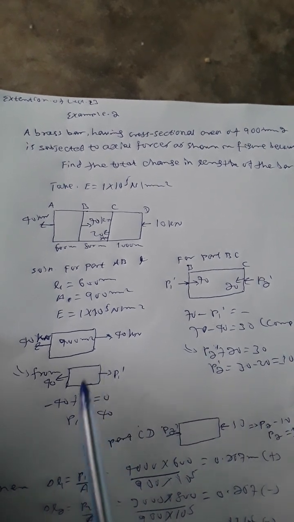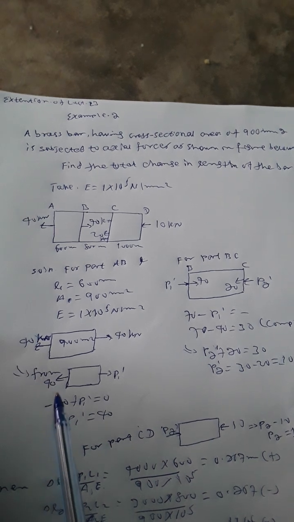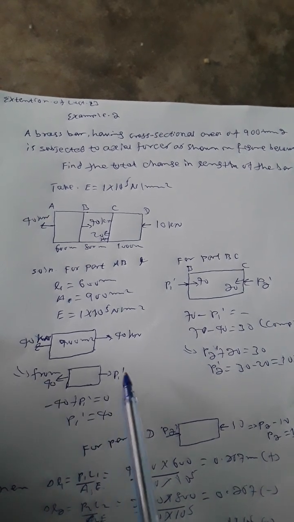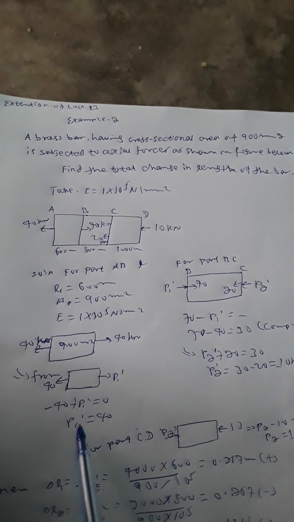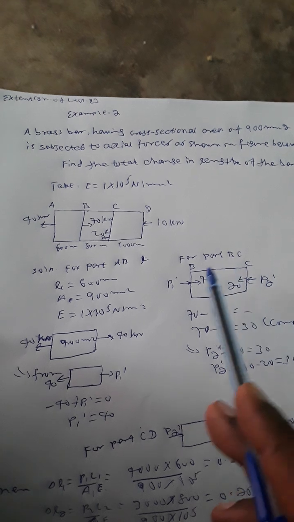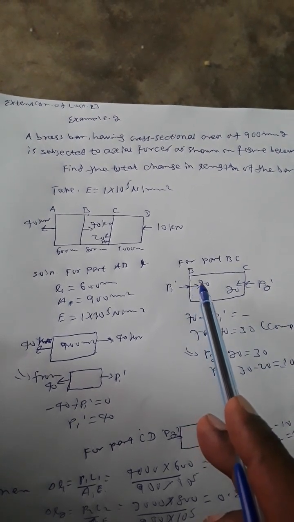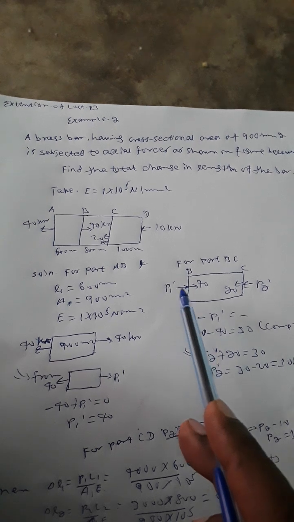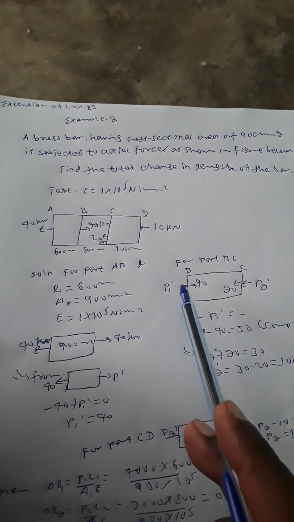To keep in equilibrium, minus 40 in the negative direction of x plus P in the positive direction is equal to 0, so P1 is equal to 40. For part BC, 70 kilonewton is applied at this point, and the other force is applied here.